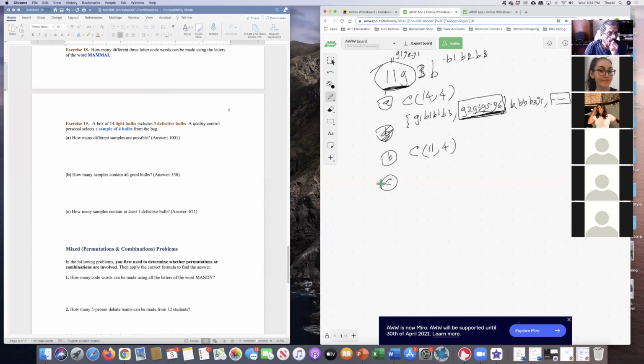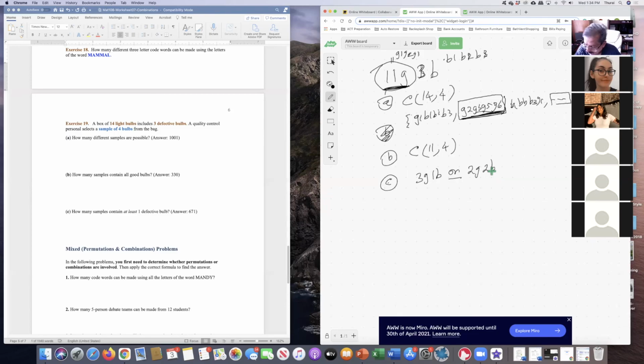Part C, how many samples contain at least one defective bulb? Okay, so one defective means I'm getting 4 bulbs: 3 good, 1 bad, or 2 good, 2 bad. See, at least 1 bad means 1 bad or more.